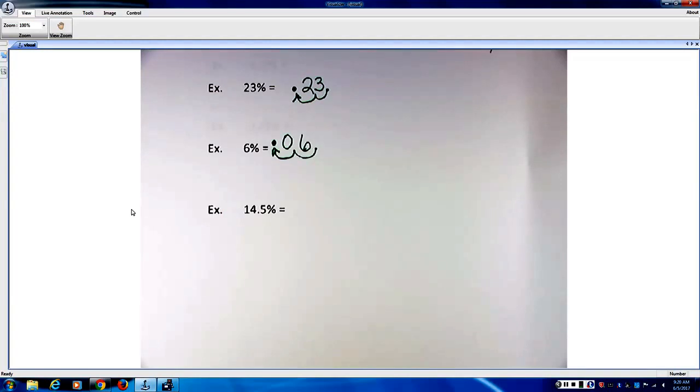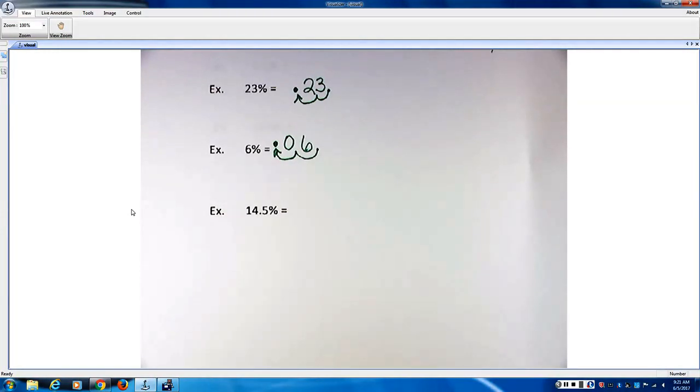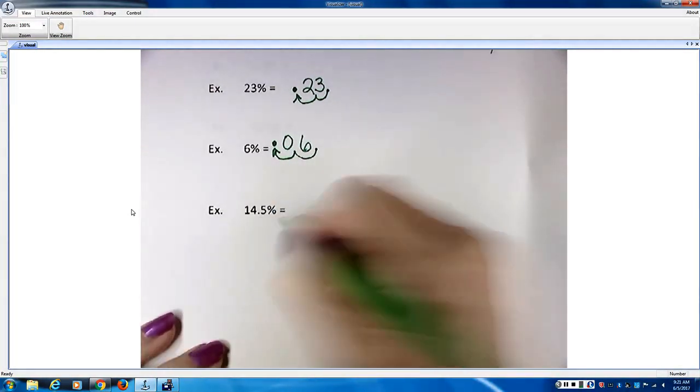So if you're missing a number, put a 0 between the decimal and the number. If you only have 2 numbers, you're good to go. But if you have only 1 number, you're going to need to put a 0 in front of that number. Okay? Same thing for 14.5%.